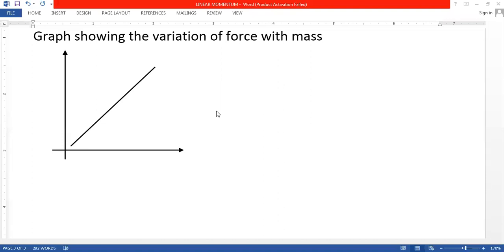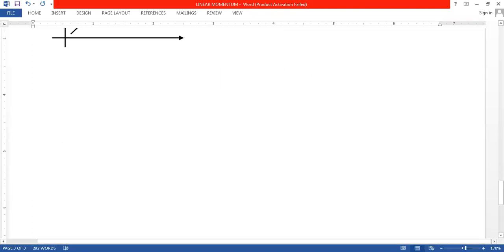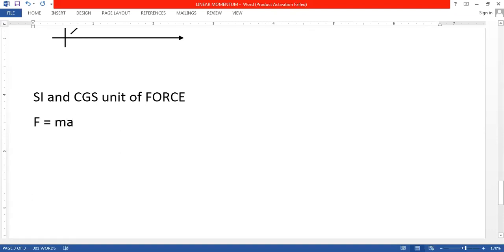Now we will talk about the units of force. Write down the next topic of our discussion: unit of force. You can say SI and CGS unit of force. So what is our relation? We have discussed F is equal to MA.